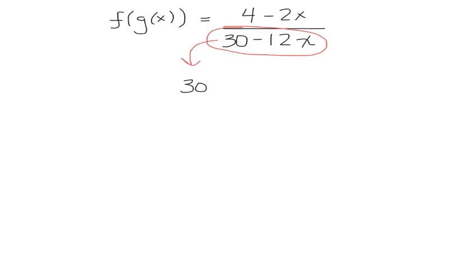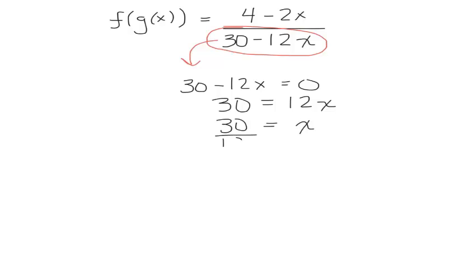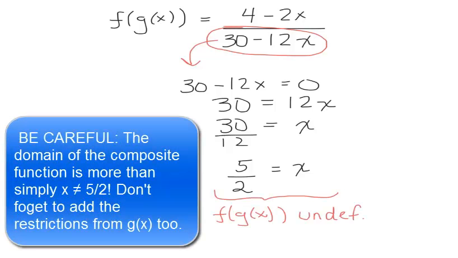So we'll set 30 minus 12x equal to 0. We can move our 12x over to the right-hand side and then divide both sides by 12 to get 30 over 12. And we can do a simplification here. We can divide 30 and 12 by 6, and that's going to give us 5 over 2. So we need to hold on to this value of x as we move into our third and final step.